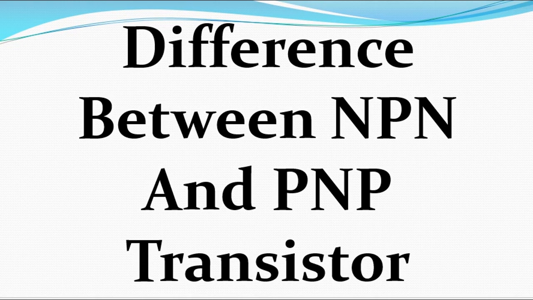The N here stands for negative, while the P stands for positive: positive, negative, positive. The negative is still on that N, which is the base between the two P's. That is just the number one difference for you to understand.